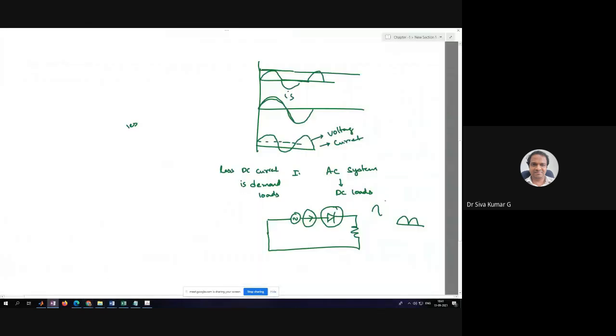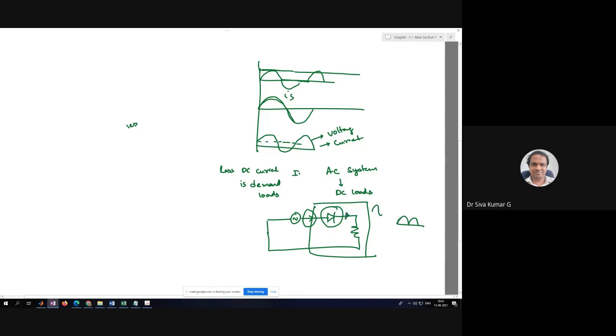Once you use a full wave rectifier, we will get a current of this nature on this particular DC side.